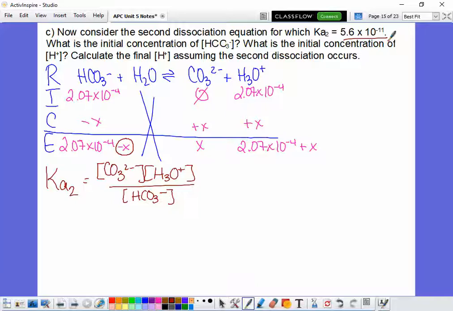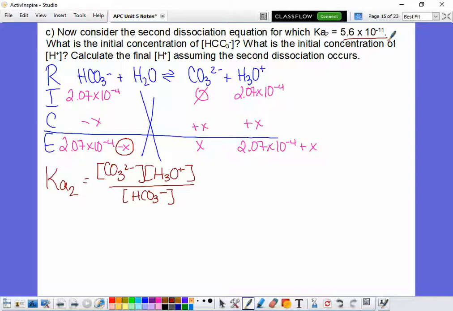So a fairly small Ka value, like 10 to the negative 5 or smaller, that minus x will be negligible. There's a couple homework problems, I think on 6b, where minus x was not negligible. And when I was making the key, I put a little frowny face. It's like, oh, I have to account for it. But most of the ones we're going to be doing, minus x will actually be negligible.